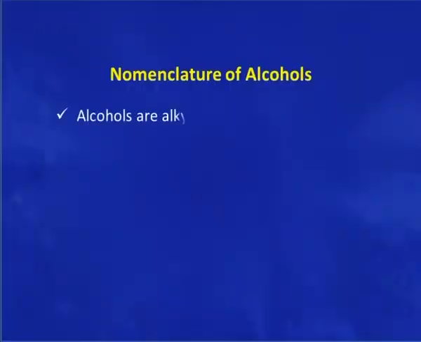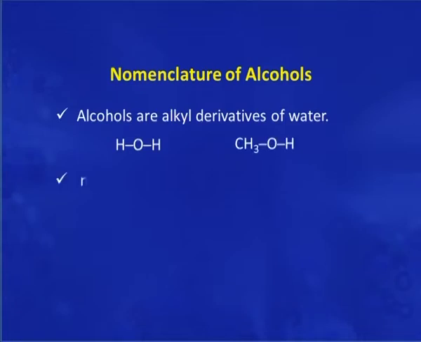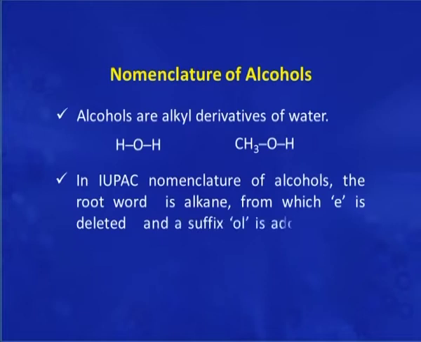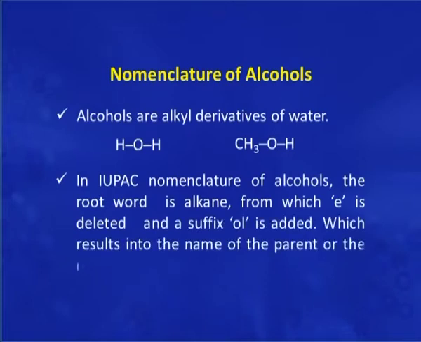Alcohols, you see, are the alkyl derivatives of water. If you replace a hydrogen of water by an alkyl group, alcohol results. In case of IUPAC nomenclature of alcohols, the root word is alkane, from which E is deleted and a suffix OL is added, which results in the name of the parent or the resultant alcohol.